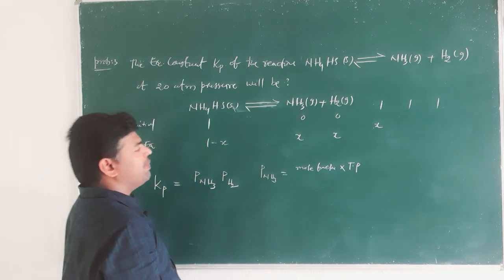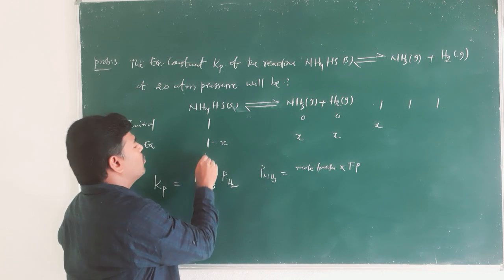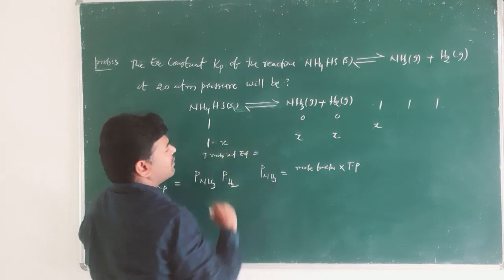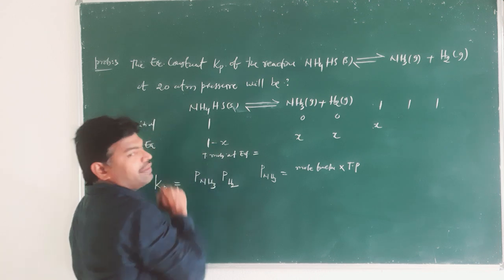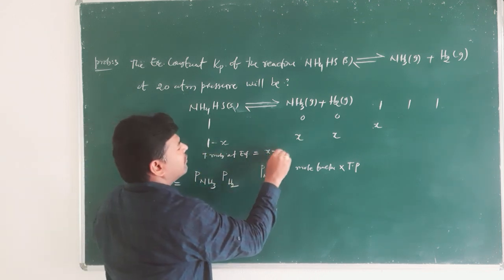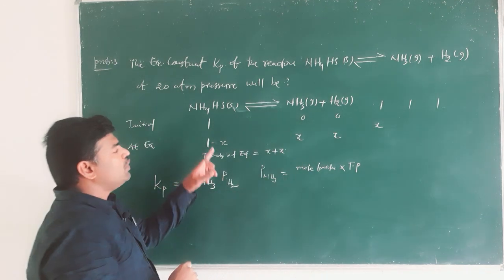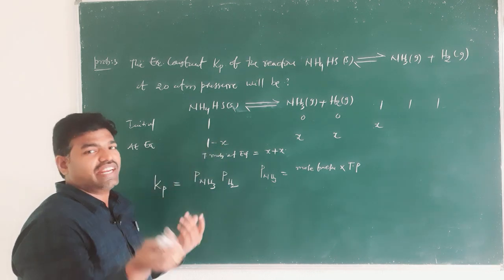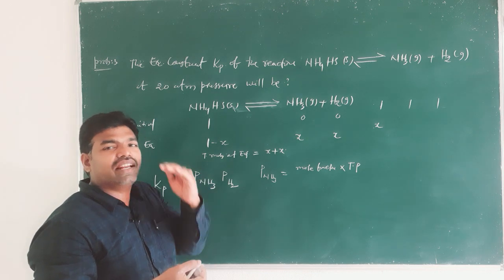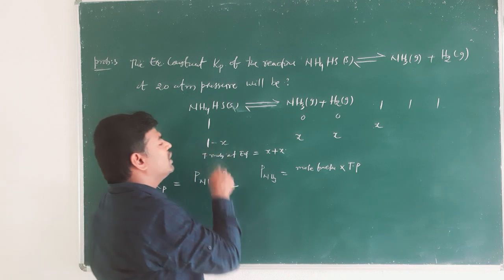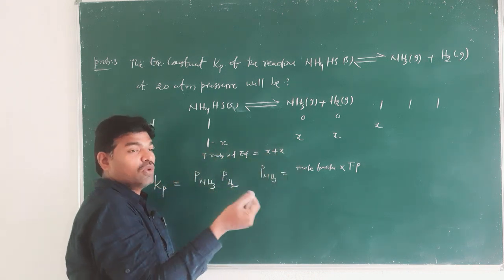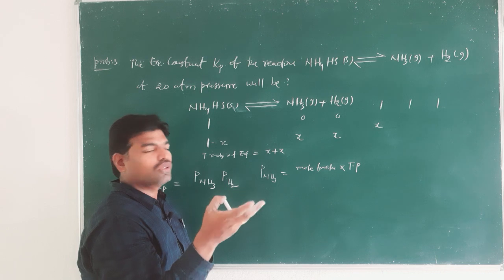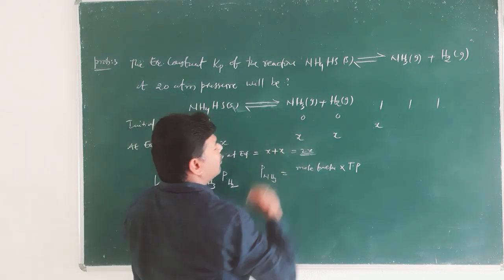The total moles at equilibrium is the moles of products plus the moles of reactants, but here the products are x plus x, and we need not add 1 minus x, because the remaining reactant moles are very small, so we can neglect them. So the total moles is 2x.